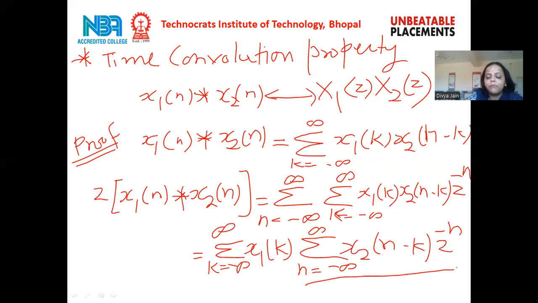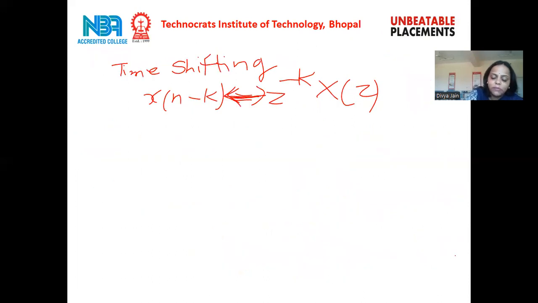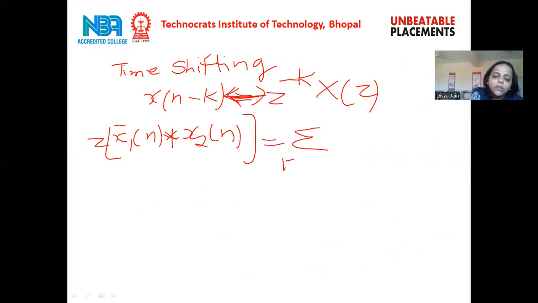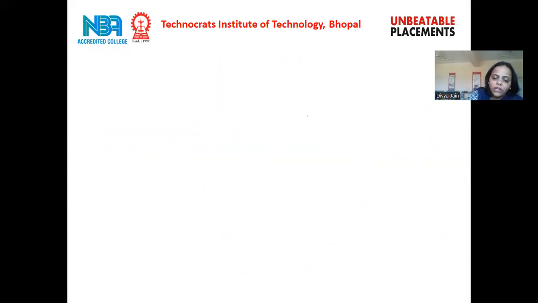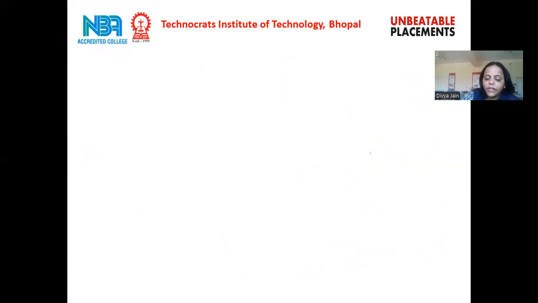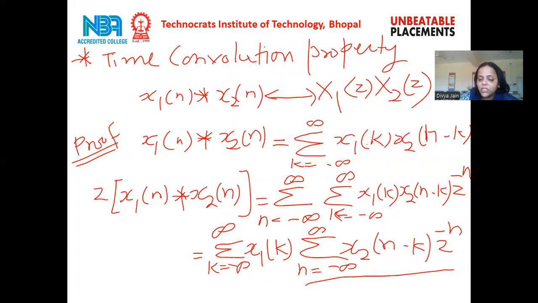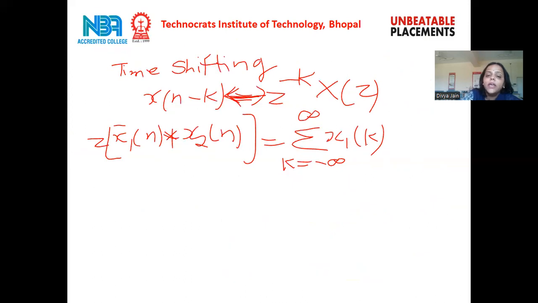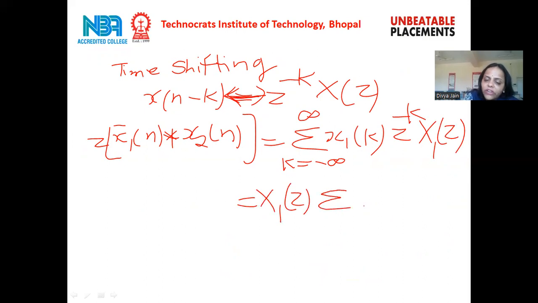So this term can be replaced. The Z transform of x1[n] in convolution with x2[n] is summation k equals minus infinity to infinity x1[k], and the second term, summation n equals minus infinity to infinity x2[n minus k] z to the power minus n, can be written as z to the power minus k X2(z). Take X2(z) out and we are left with only summation k equals minus infinity to infinity x1[k] z to the power minus k.